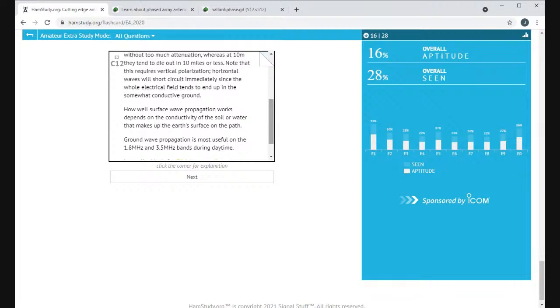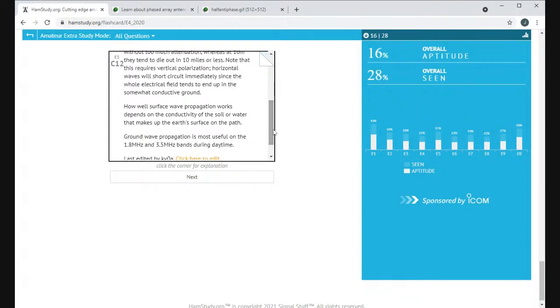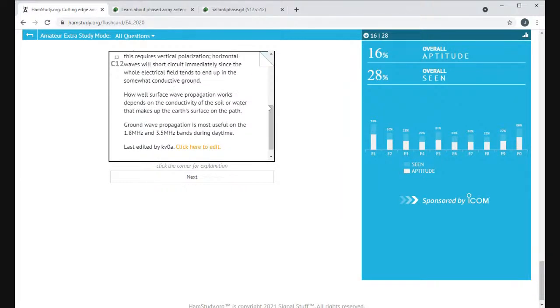How well surface wave propagation works depends on the conductivity of the soil or water that makes up the Earth's surface on the path. Ground wave propagation is most useful on the 1.8 megahertz and the 3.5 megahertz bands during the daytime.